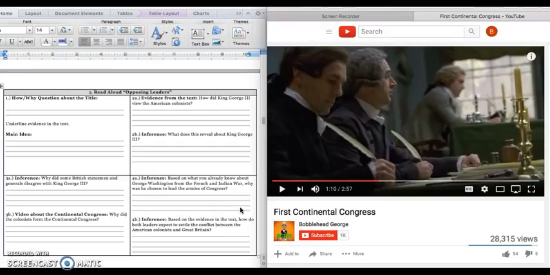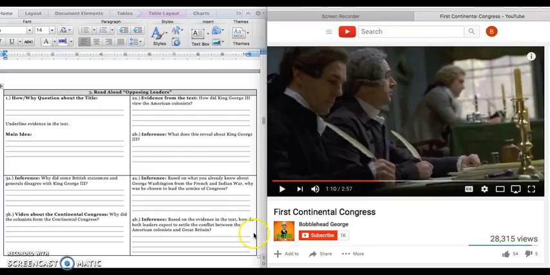And so he had already been really successful in the French and Indian War. So in 4A, we would write, George Washington was chosen to lead the armies of Congress because he proved to be a good military leader in the French and Indian War. Press pause to write down your answer and play when you're ready for 4B.